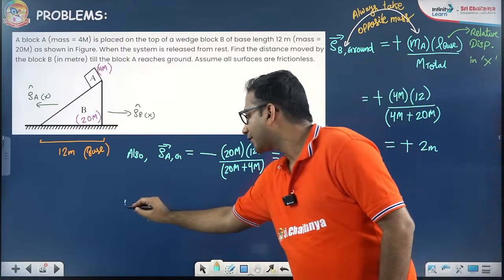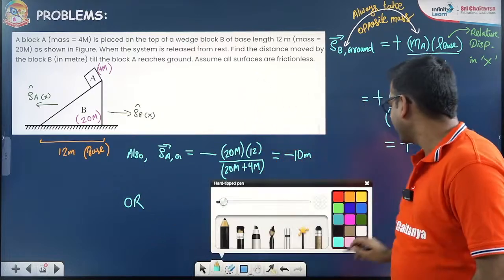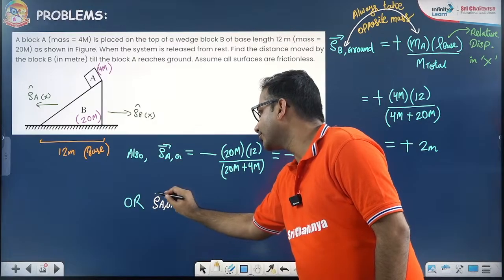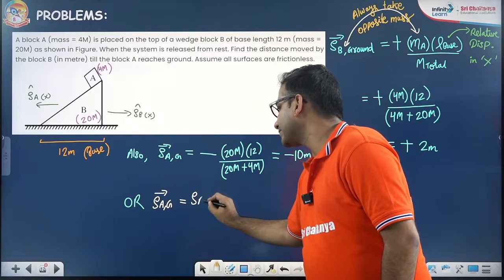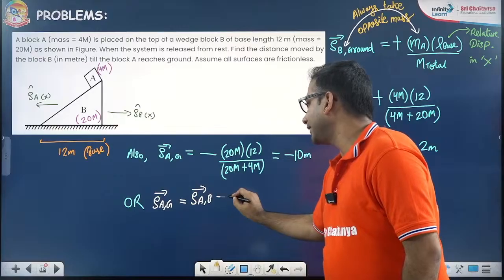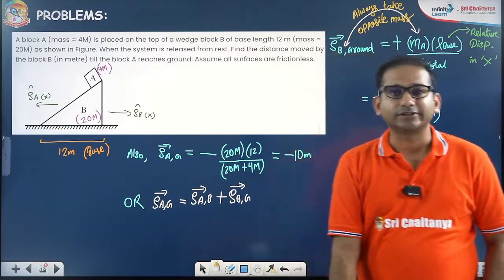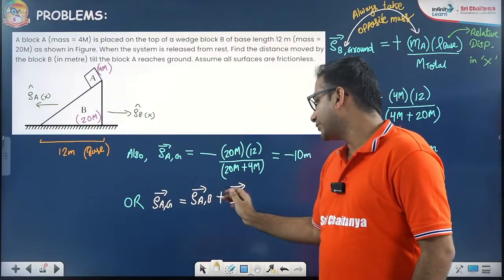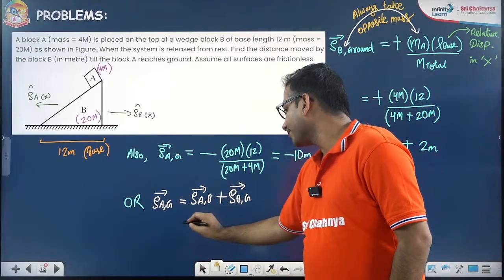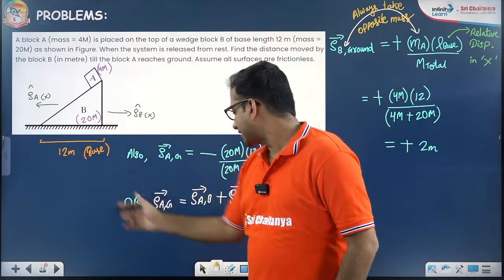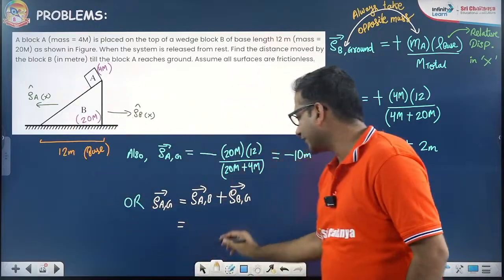Or else, in a better way, you could have written the displacement of A with respect to ground as the displacement of A over B plus the displacement of B over the ground. I'm just making you familiar with it. The displacement of A over B is the length of base, and that too in the negative direction.